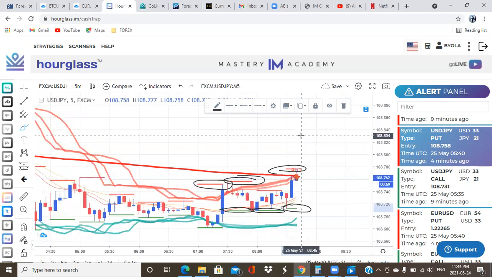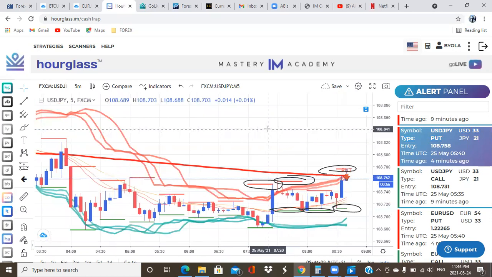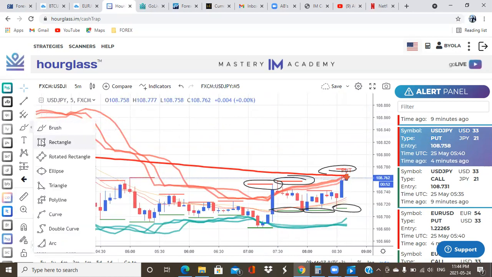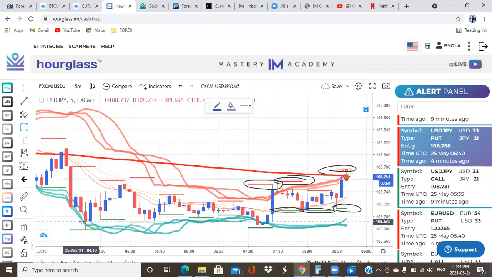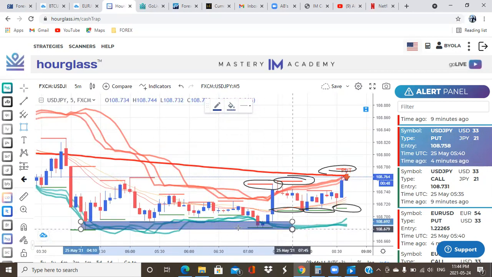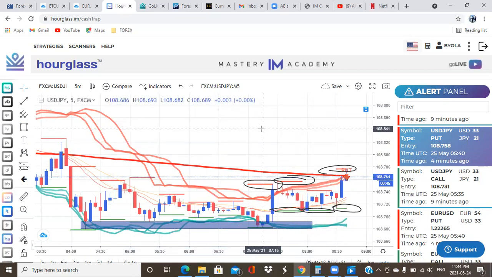However, based on technical analysis, mainly looking at this chart, you see this area that I'm highlighting. This is a support zone. Why is it a support zone?